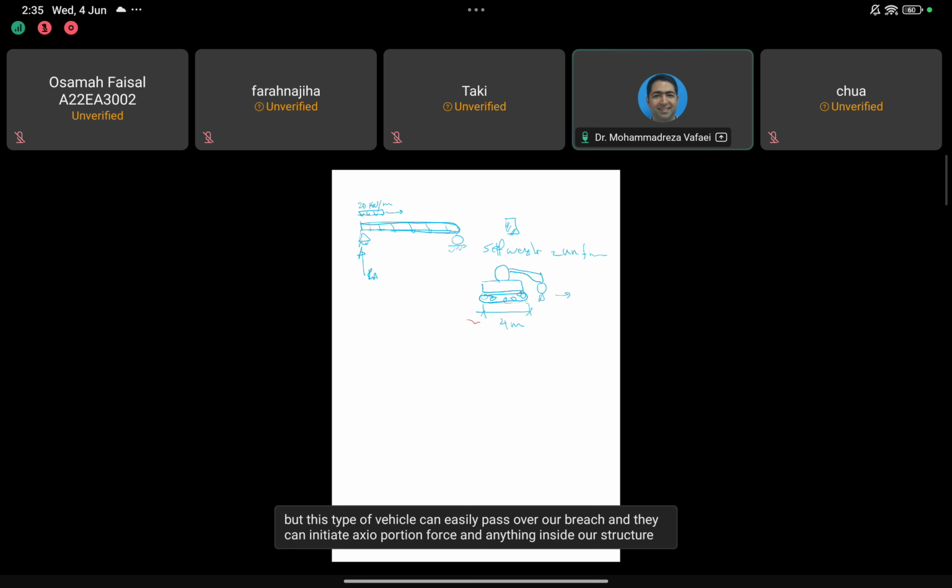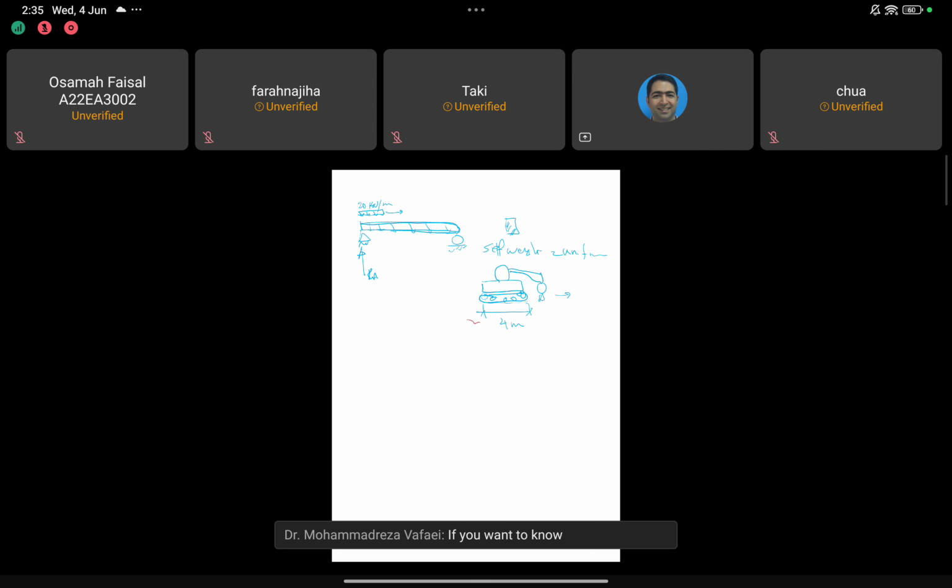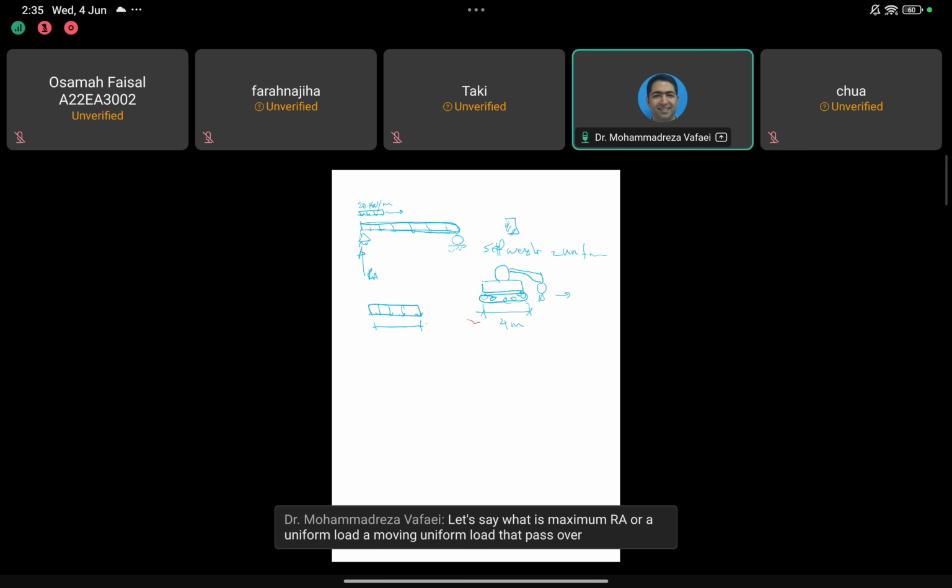So we need to know whether our influence line still can be used for uniform load or not. So the answer is yes. If you want to know, let's say, what is maximum RA for a moving uniform load that passes over our bridge, we can calculate it the way that I explained.